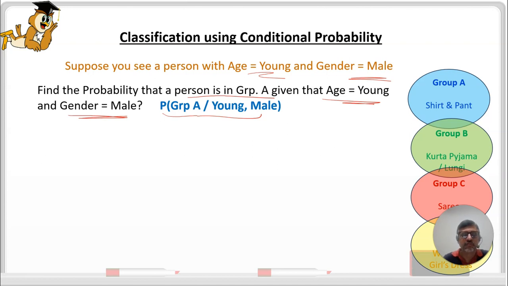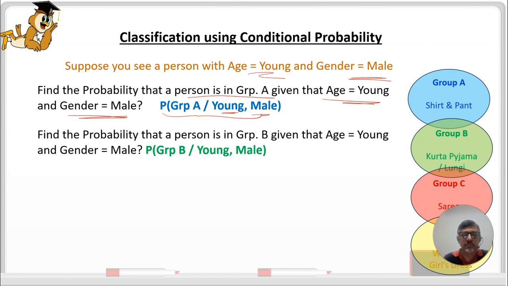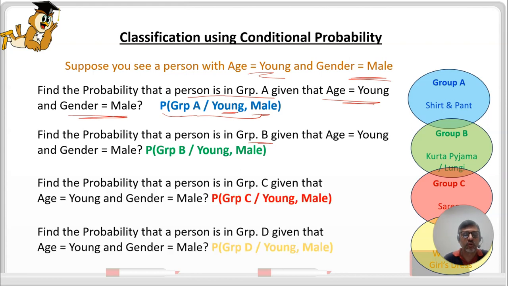So you have to find this probability. Similarly you have to find the conditional probabilities for the other groups given that you are dealing with a person who is young and male. So find the probability that a person is in group B given that age is young and gender is male, and similarly for group C and D.